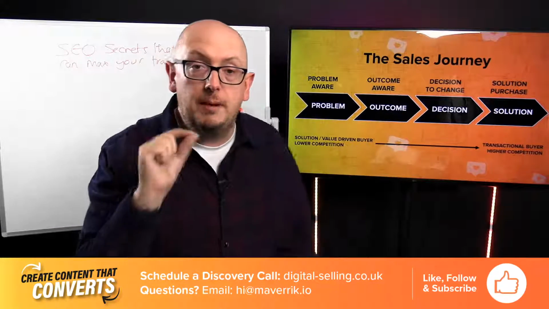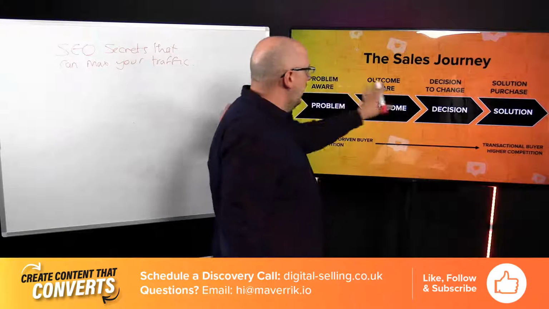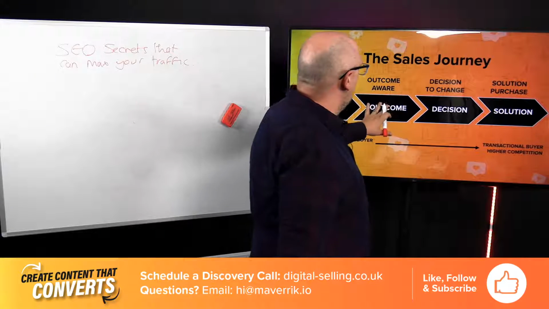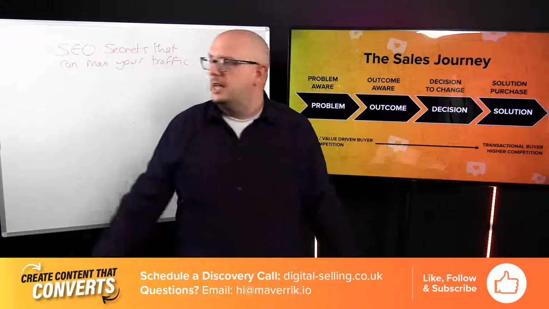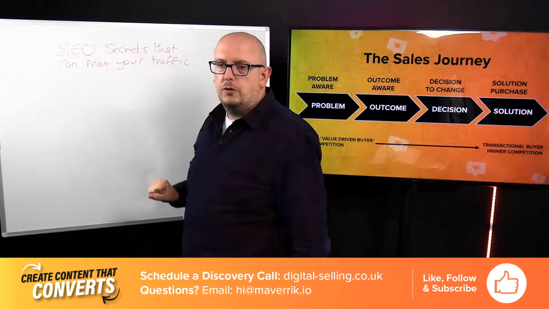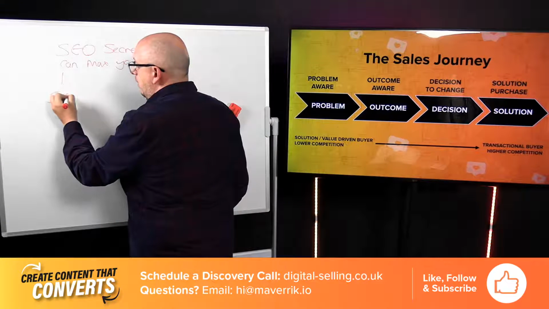So why is this more solution-centric? Because I'm talking about the solution up front. So if the customer's like, I'm not sure what's going on here, and I'm not sure why, but I want more traffic and I don't know what the answer is, I've immediately loaded the title with people who are looking for SEO. So what can I learn from it? Number one, people are looking for SEO.